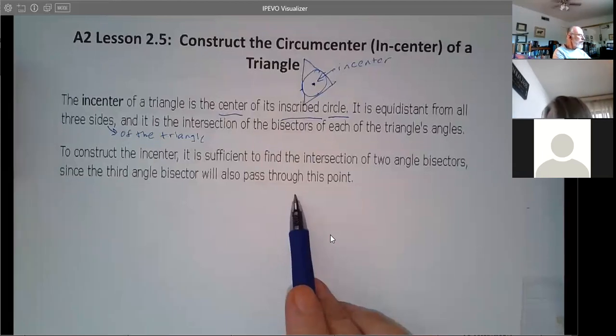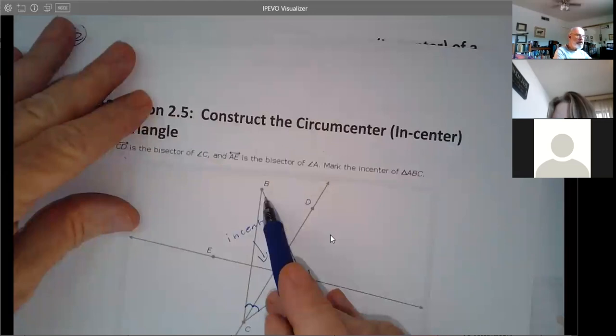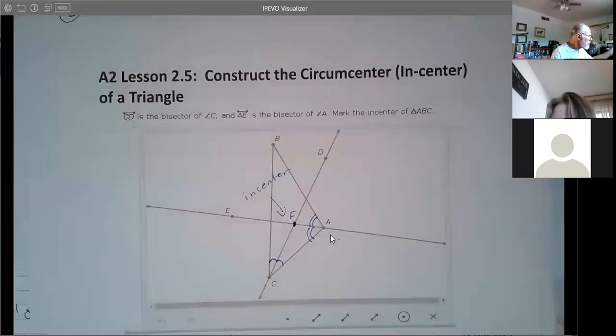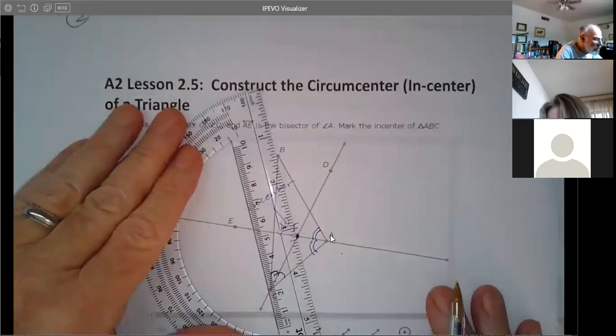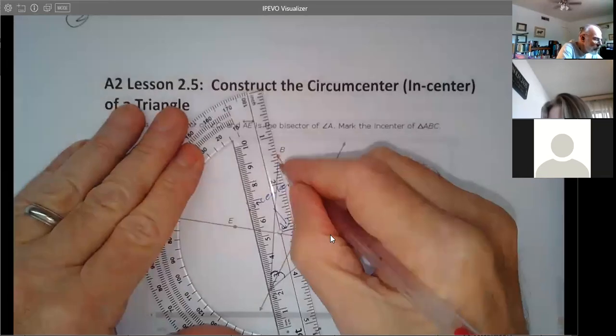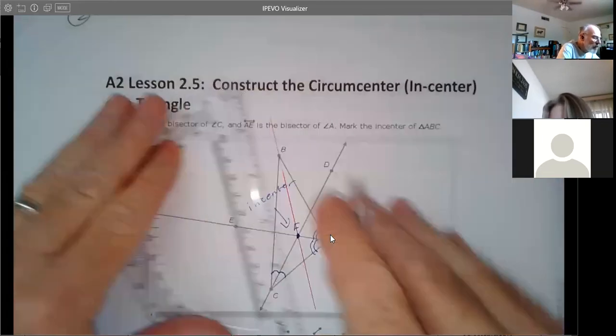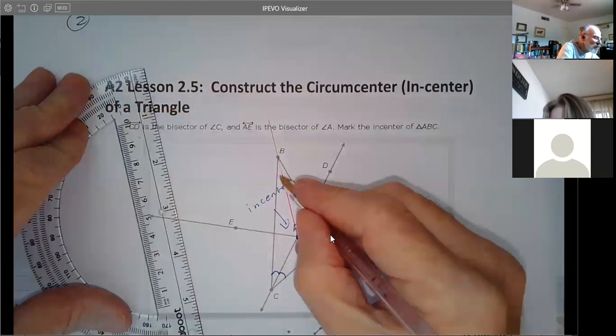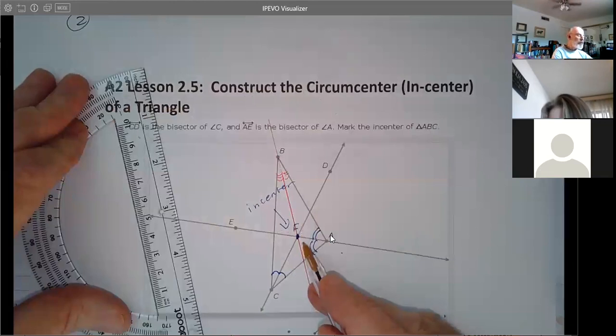So you could have done another angle bisector. I could have split this angle here. Over here, I had it. So using color, I could put a line from B through F, and you would see that it would then bisect angle B, and it goes again through the incenter.